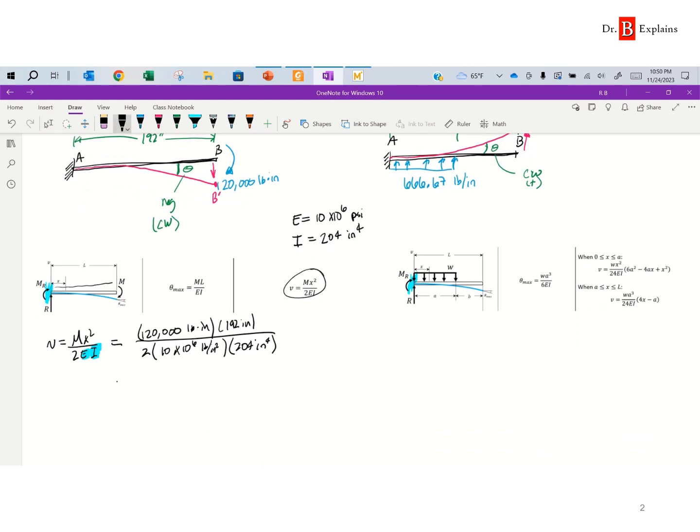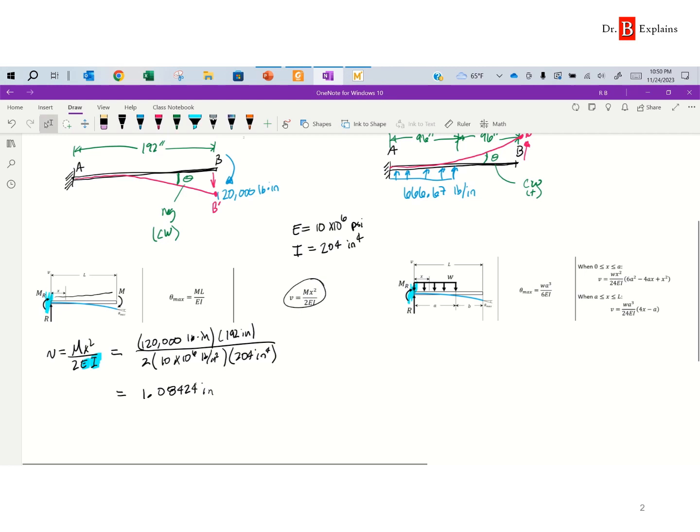Now we plug this into the calculator, and we get 1.08424 inches. Again, if we go back to the expected deflection, we expect B to move down, right? So this is a downward deflection.